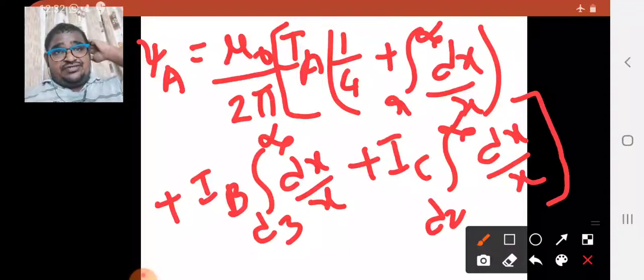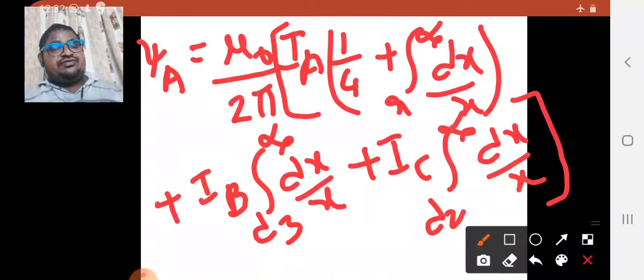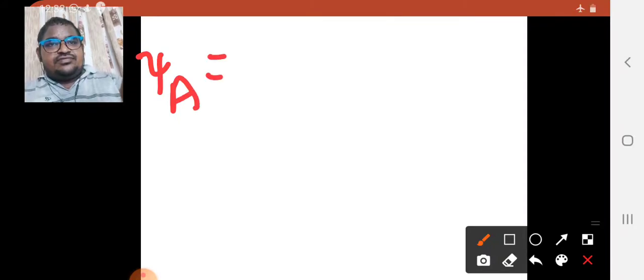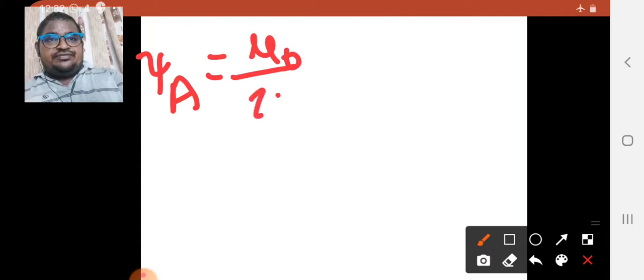And still I want to expand this. So first I want to do the integration. Integral dx by x corresponds to ln x. So ln x in the sense ln infinity minus ln r if you substitute the limits. If I substitute all these values, psi A is equal to mu naught by 2 pi.